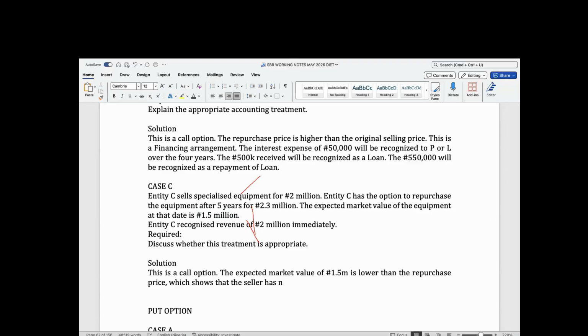The seller has no significant incentive to repurchase.